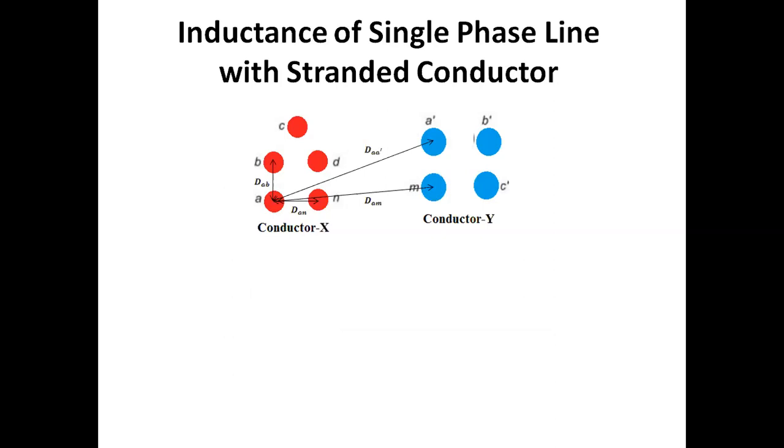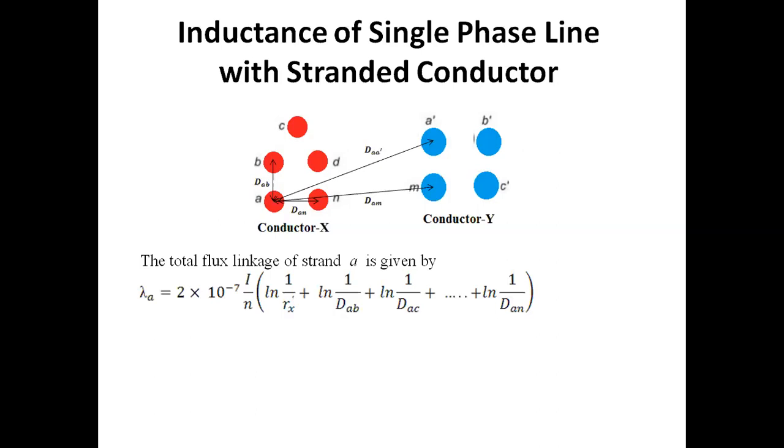Now here you can see these two conductors' total flux linkages. Consider the total flux linkage of strand A, given by lambda A equals 2 into 10 to the power minus 7.